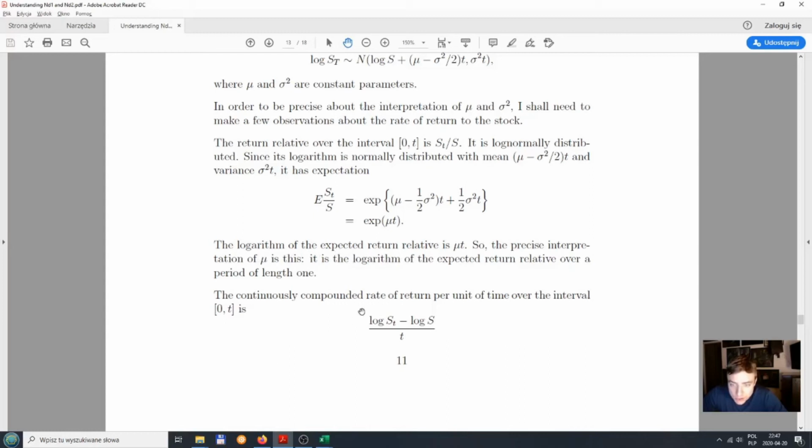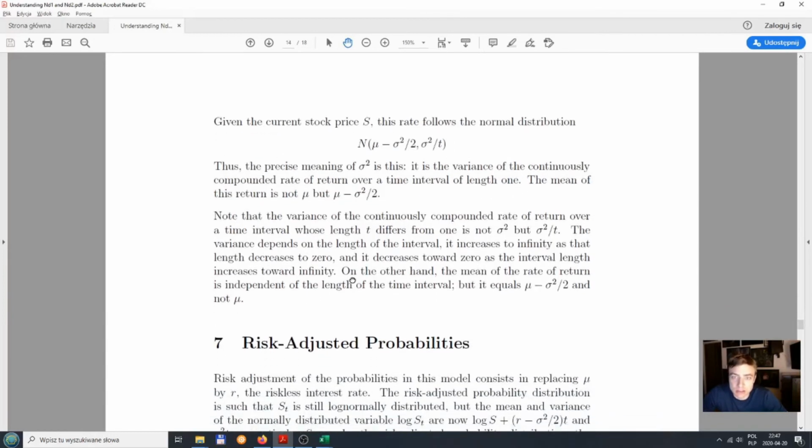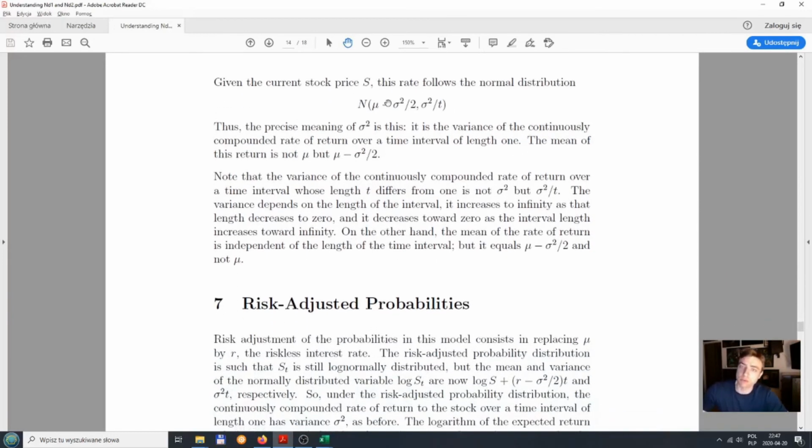And also, if we have logarithms of a price and we use them to calculate rate of returns, this rate of returns will follow normal distribution with this value. So this mean minus half of the variance squared.